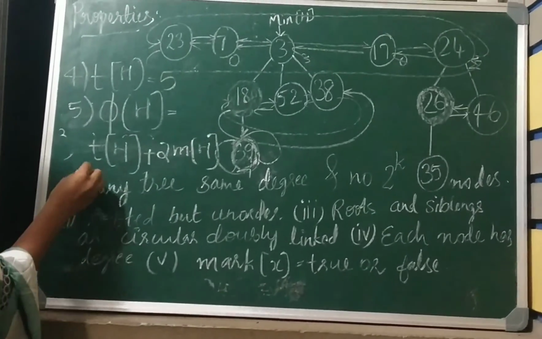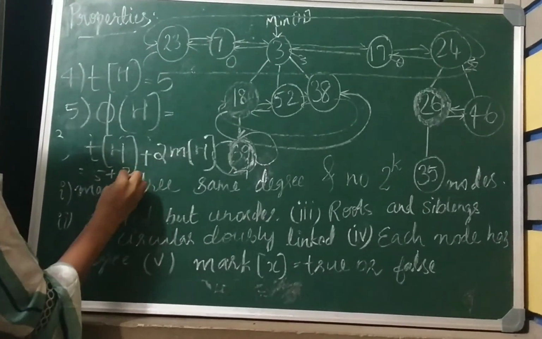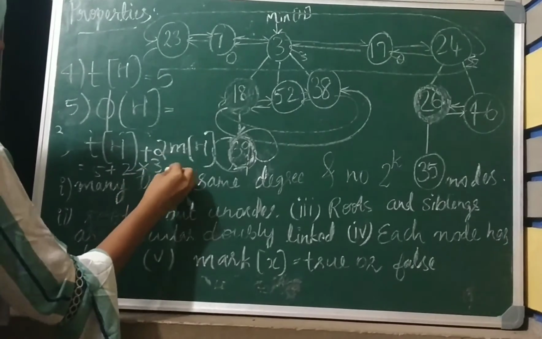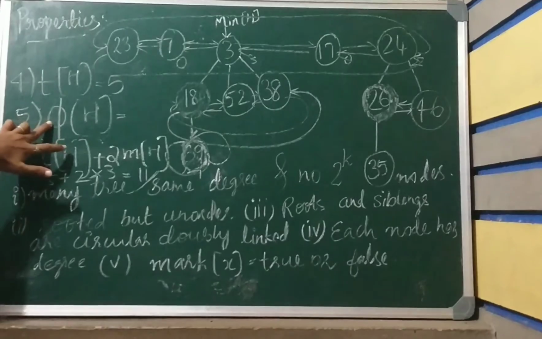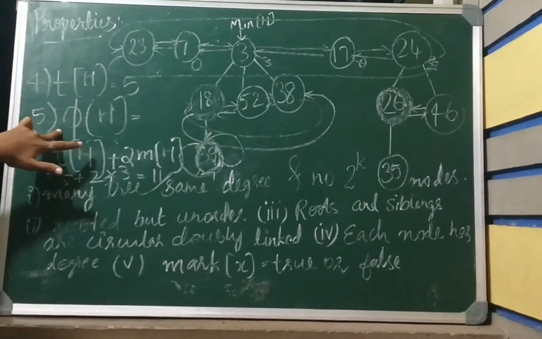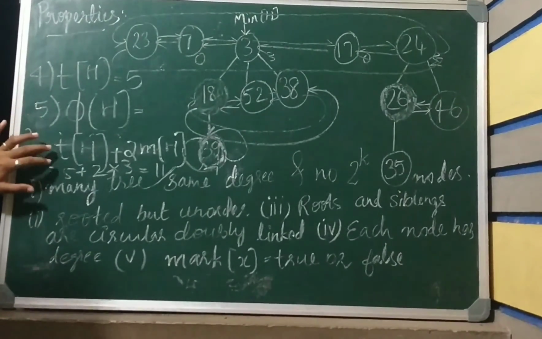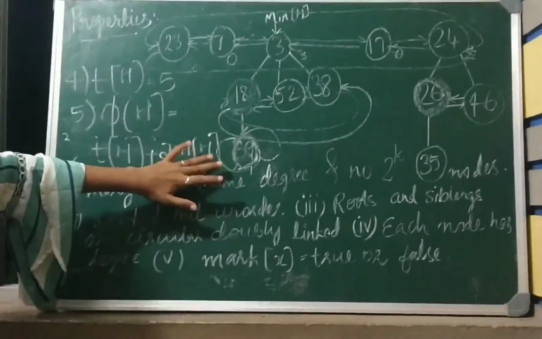So it will be 5 plus 2 into 3 will give 11. So phi of H is the potential function and it is used to analyze the performance of a Fibonacci heap, and it is calculated using this formula.